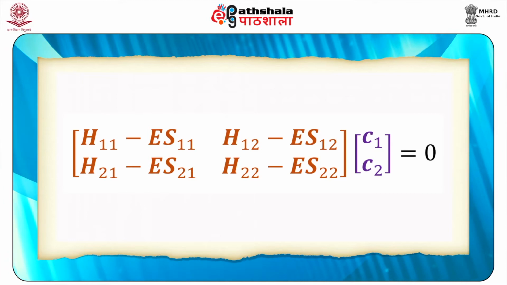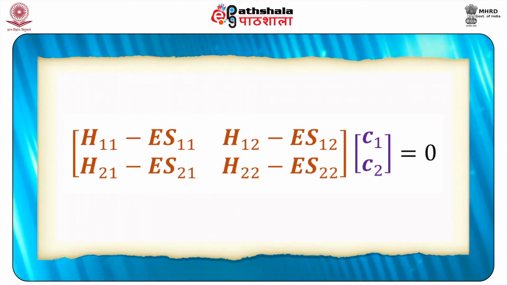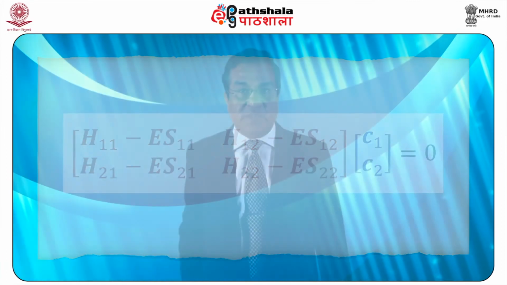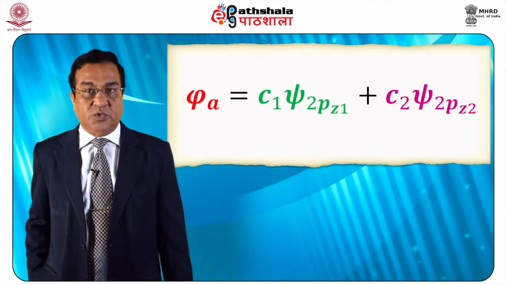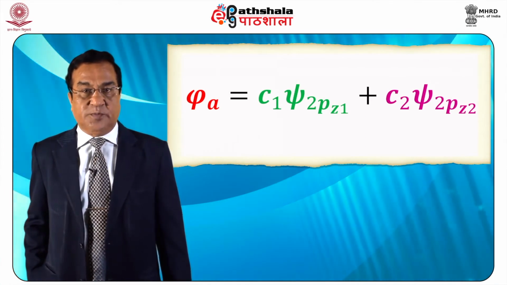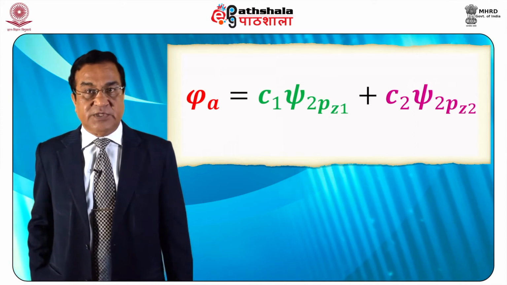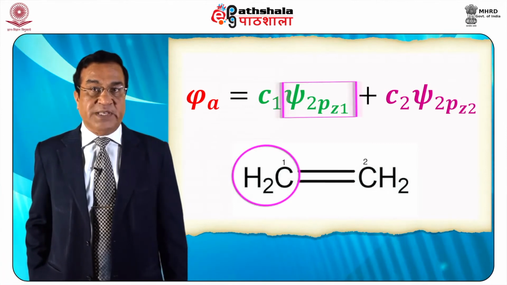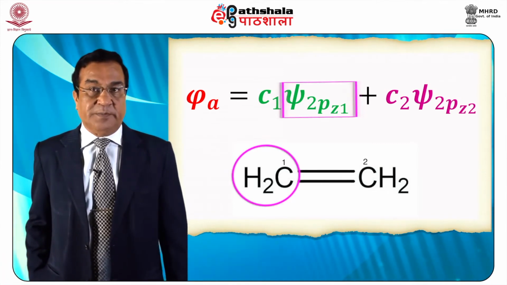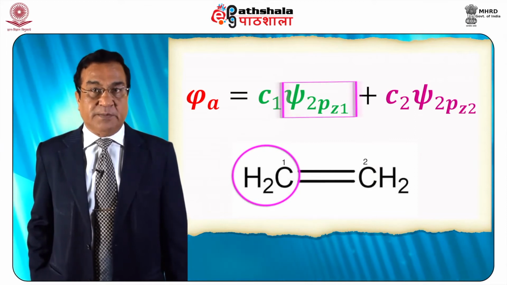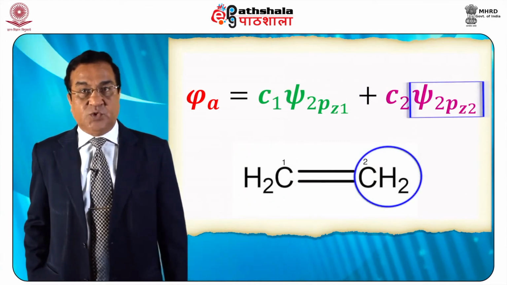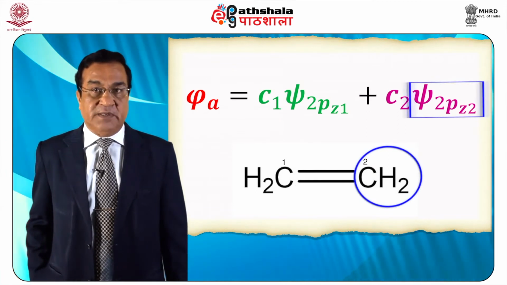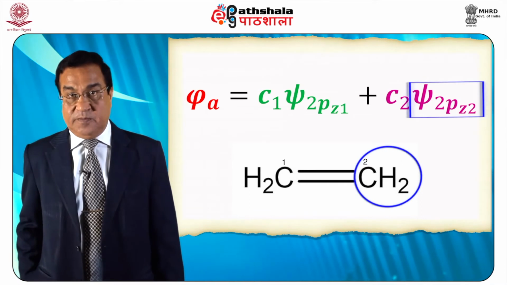Please note that the pi molecular orbital is constructed using the principle of LCAO, and in this case the corresponding molecular orbital is given by the general expression phi A is equal to C1 psi 2pz1 plus C2 psi 2pz2. Here psi 2pz1 is the pi orbital centered on carbon atom 1, whereas psi 2pz2 is the pi orbital centered on carbon atom 2.